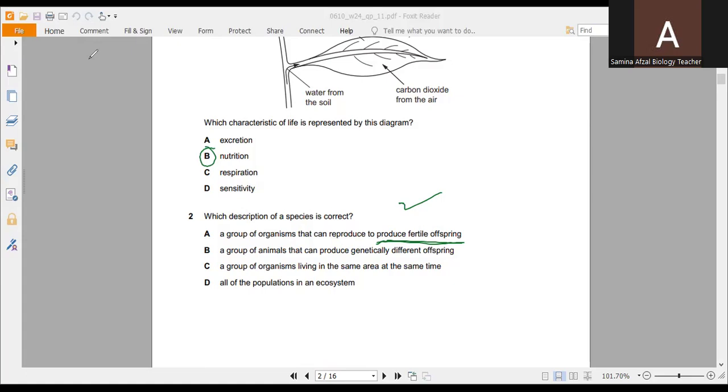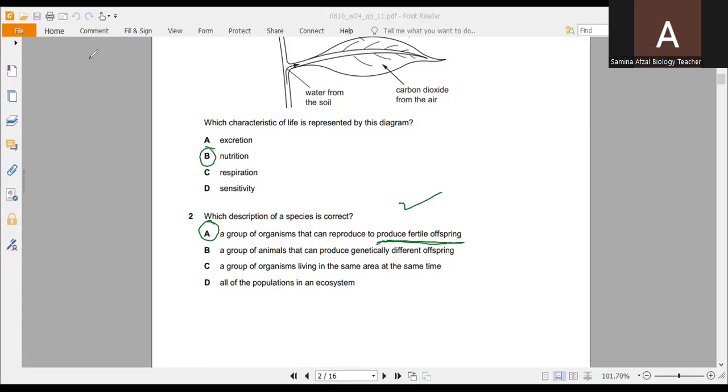So this is the compulsion: when organisms of the same species reproduce with one another, they produce fertile offspring. So according to this, A is the correct option, and why is B not correct?